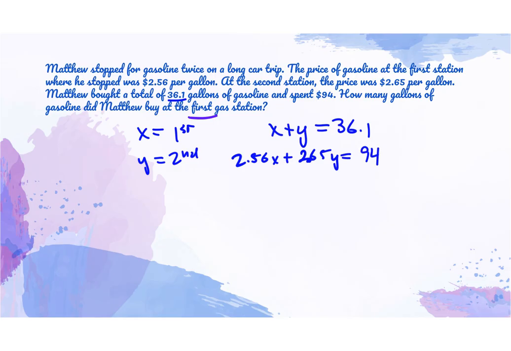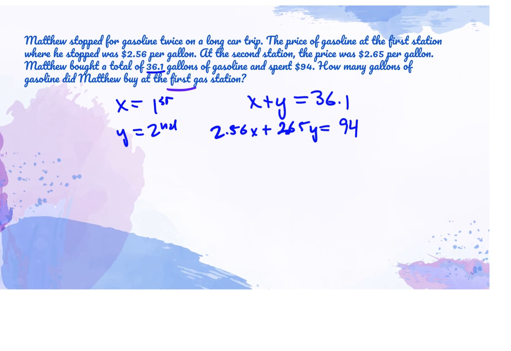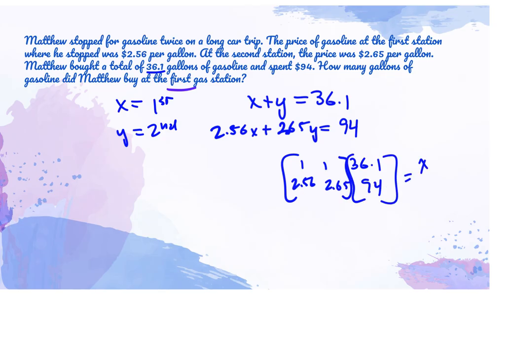Okay, so the easy thing to do would probably be substitution, although if you could run it in a matrix, I would. So you would write 1, 1, 36.1, then 2.56, 2.65, and 94, and solve that.